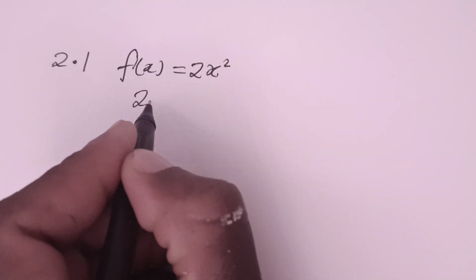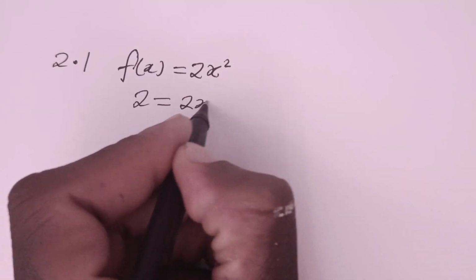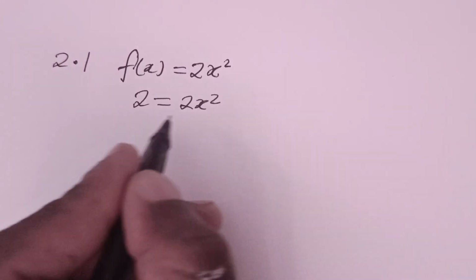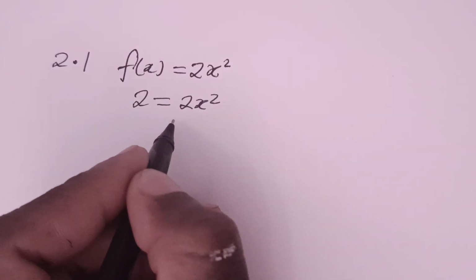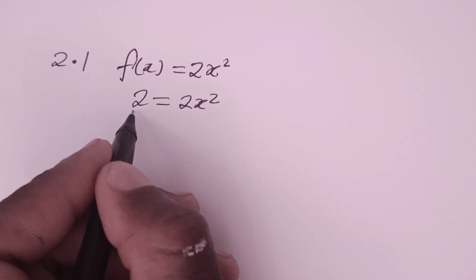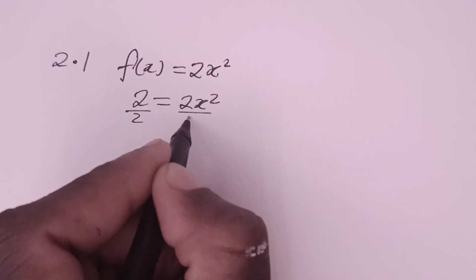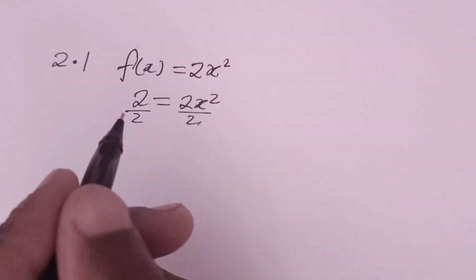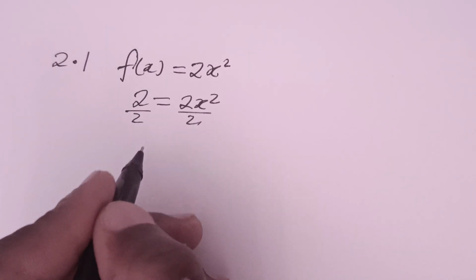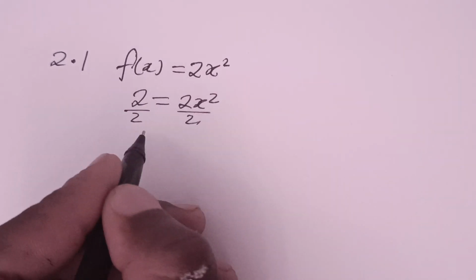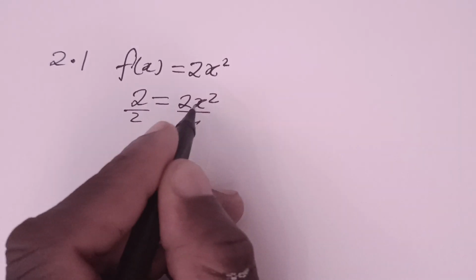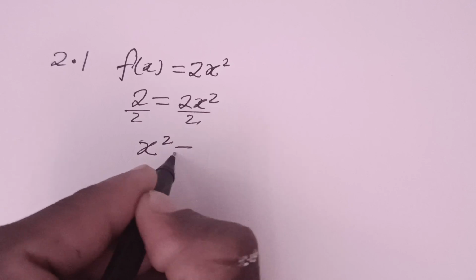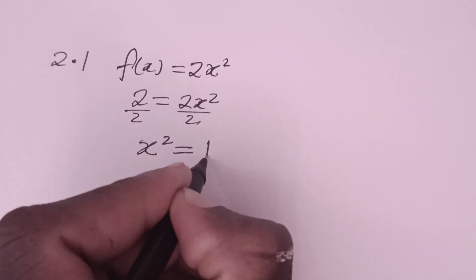Substituting the y coordinate, 2 is equal to 2x squared. Of course, we are going to divide by 2 both sides, which will give you x squared is equal to 1.